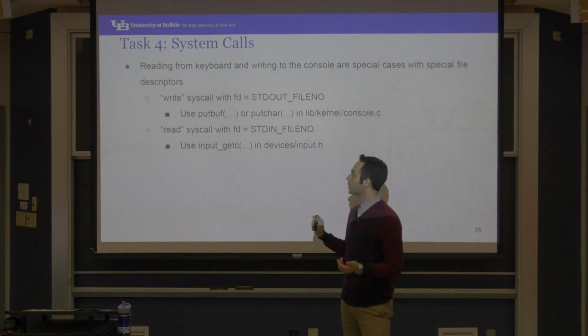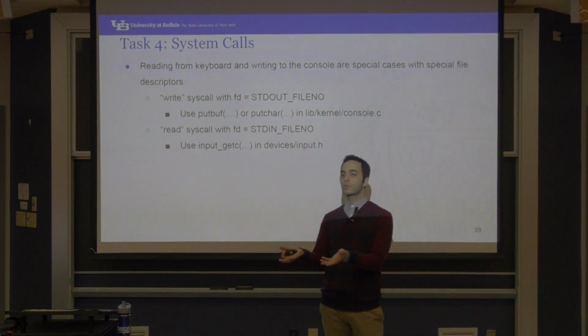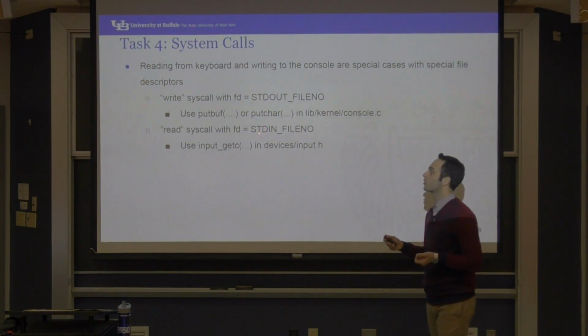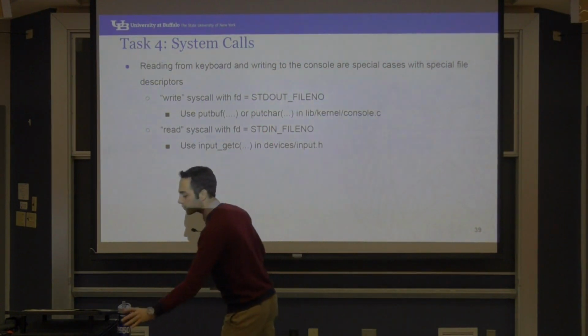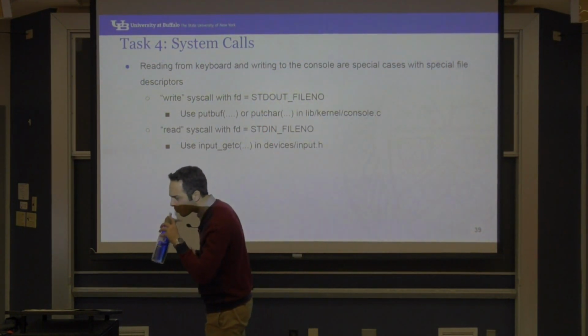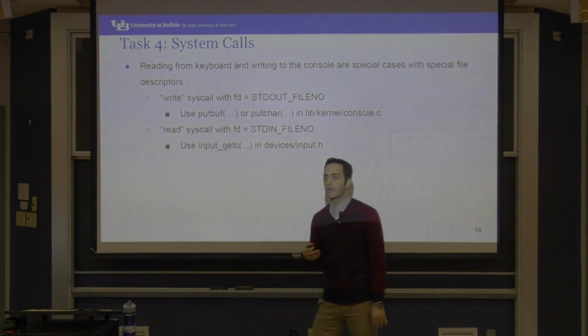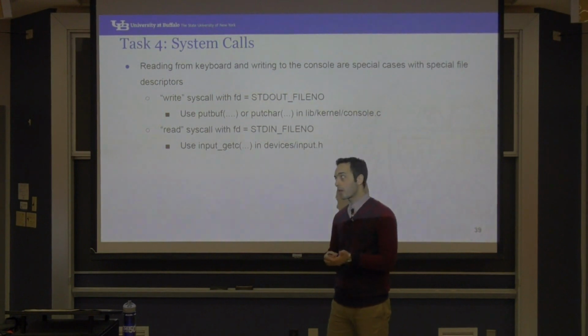And when a user wants to read from the keyboard, it's as if they want to read from a file. And again, that file is specific, with the file descriptor number 0. This is different: the operating system does not need to access any file.